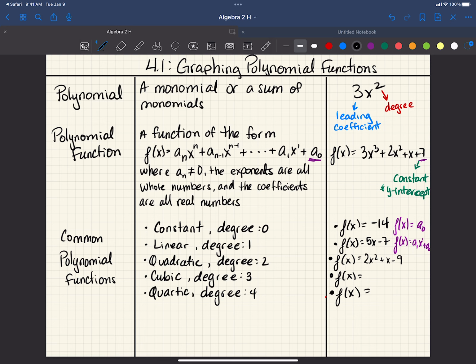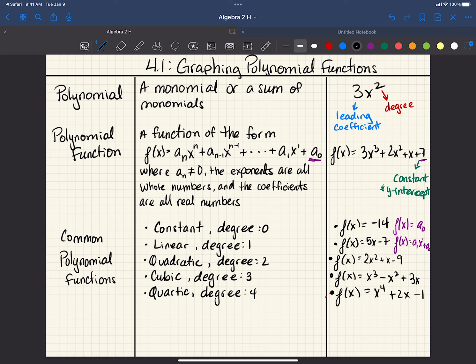Now, a cubic function is a degree of 3, right? And if you want to think about it, when you do volume, for example, in science, your units are always cubic units. So cubic is to the third power, and then a quartic is to the fourth. So x to the fourth plus 2x minus 1.